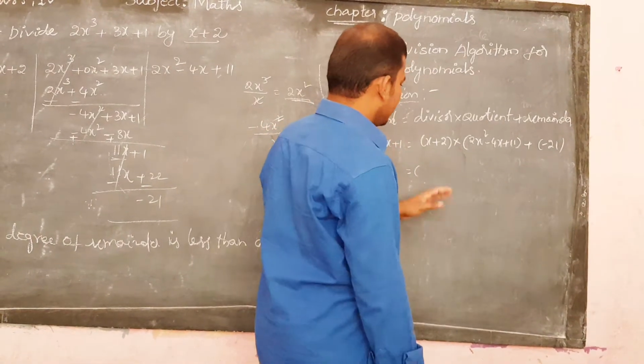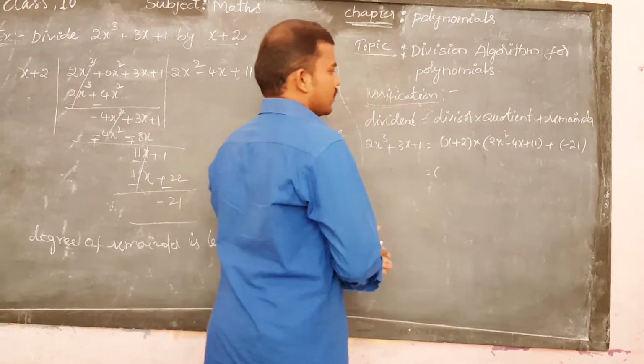So x plus 2 into 2x square minus 4x plus 11.